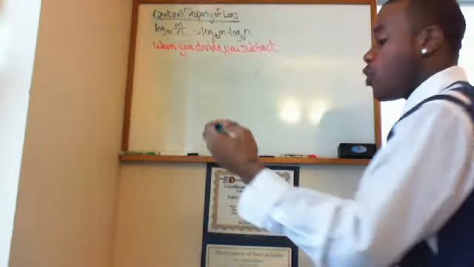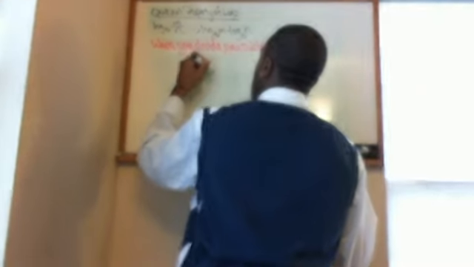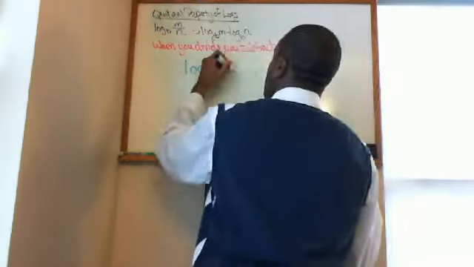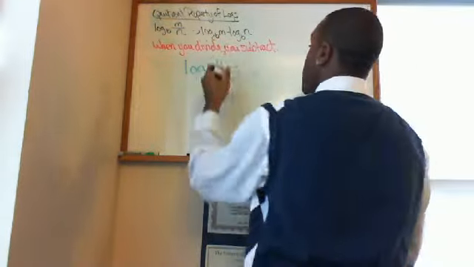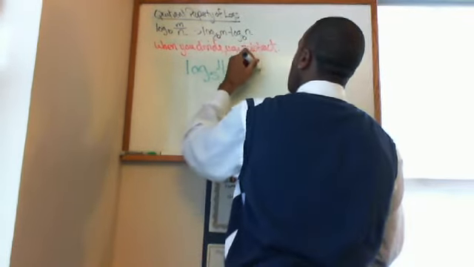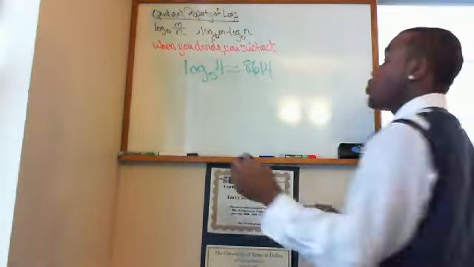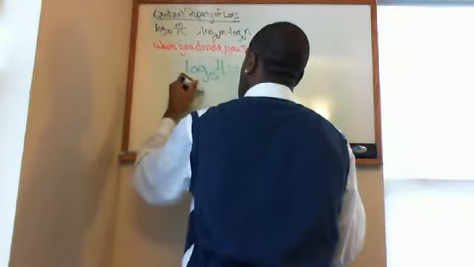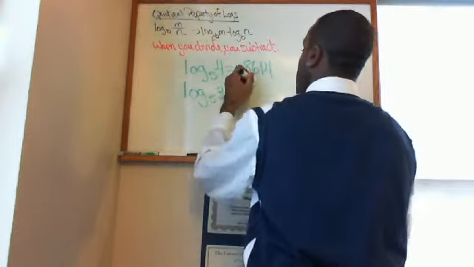Log base 5 of 4 is approximately 0.8614, and log base 5 of 32 was approximately 2.1534.